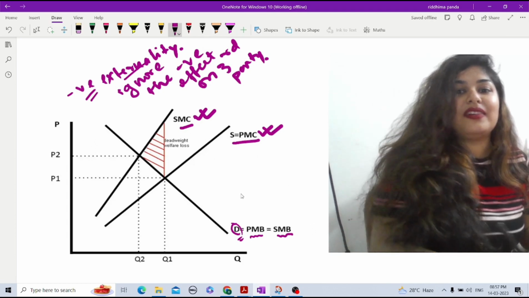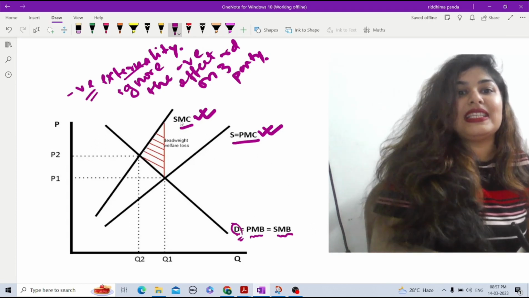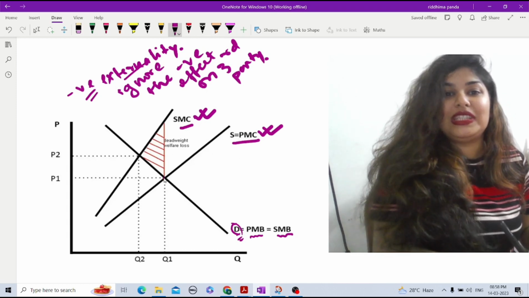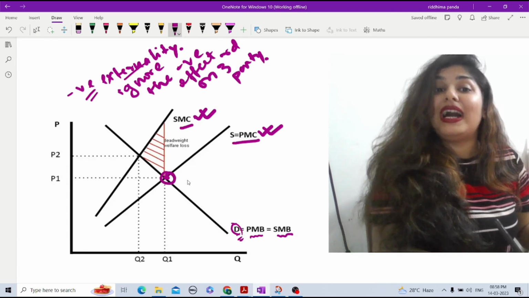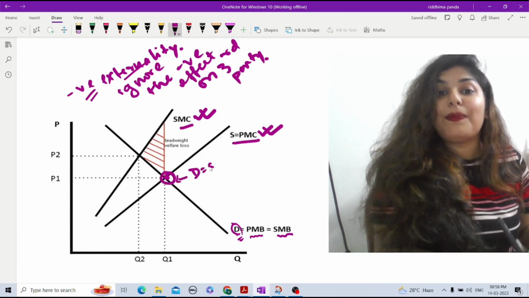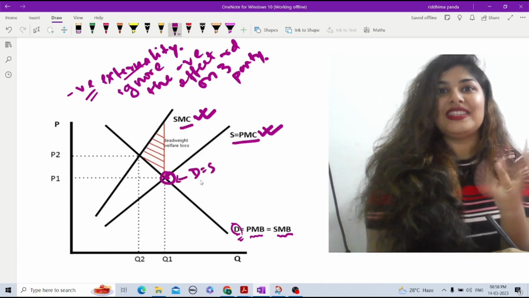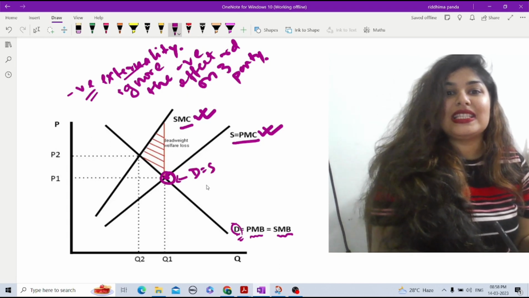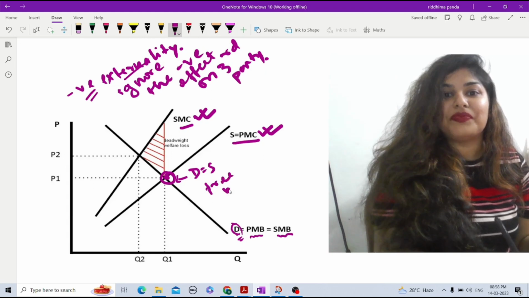Now in this diagram, since this is my demand curve and this is the supply curve of private marginal cost, this is the point where demand equals supply of the industrialist, that is the private marginal cost equals private benefit. So this is the free market equilibrium.